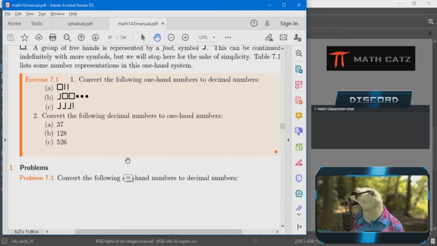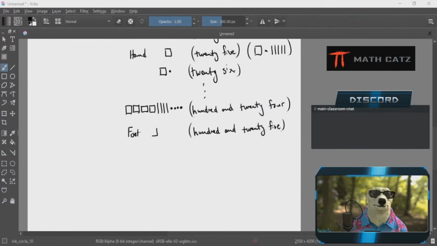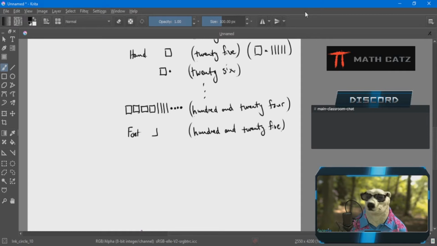Okay, so now we have exercise 7.1. We have a new number system. So that means we're going to do our conversions back and forth. Now I'm just going to put this on the other screen so I can more effectively copy it. Let's see where we're at.